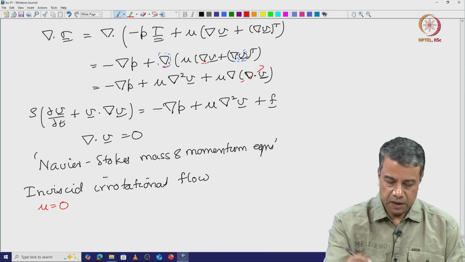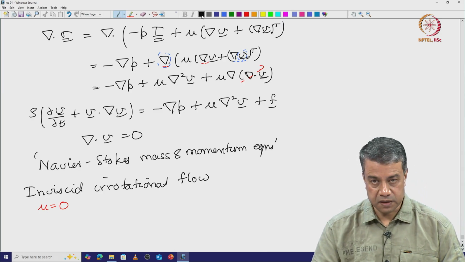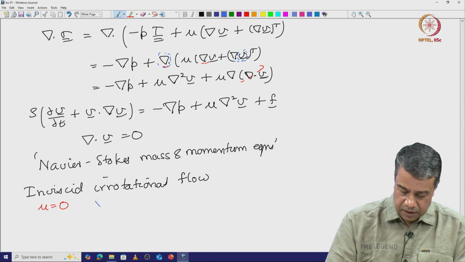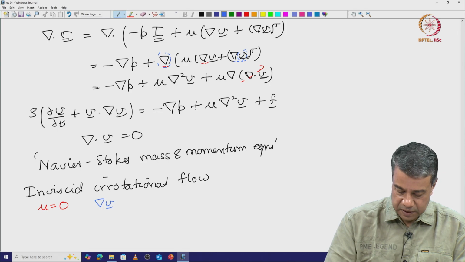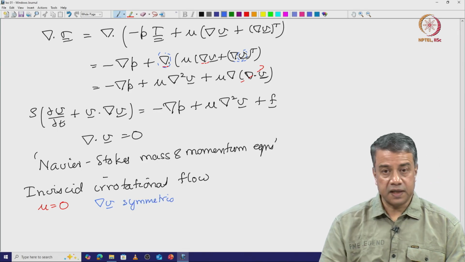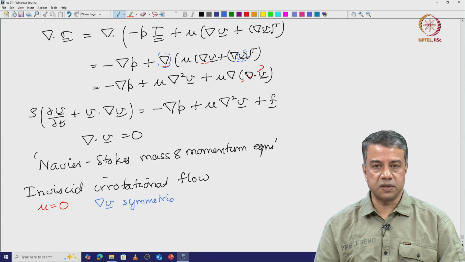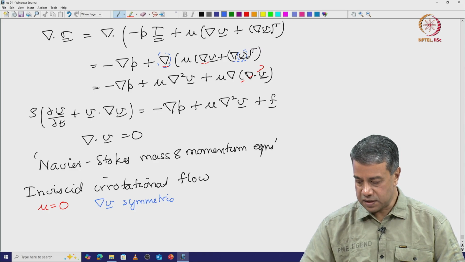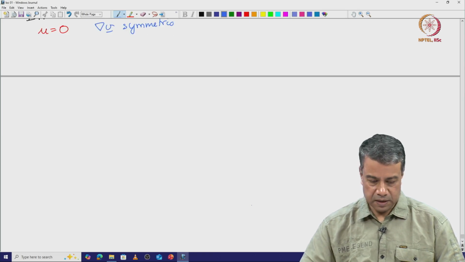Irrotational means there is no rotation, which says that the gradient of the velocity vector is symmetric. As I said, rotation was associated with the antisymmetric part of the rate of deformation tensor, so irrotational means that this is symmetric.